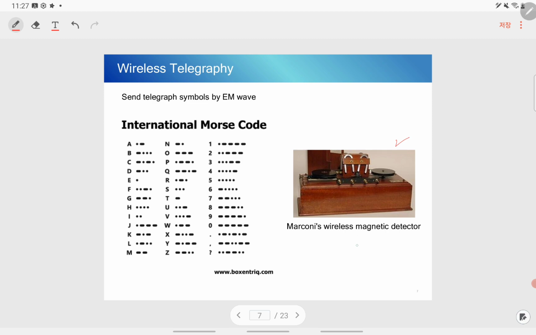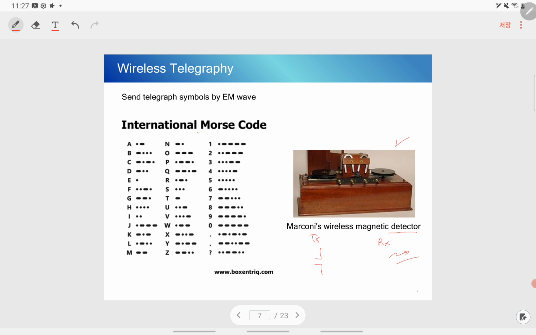As I said, Hertz had to make the room very, very dark to see the received signal, the spark. But instead of that, Marconi used this device so that when we touch something on the TX side, the RX side detector provides some sound. We can make sounds very short and long so that we can make a code.